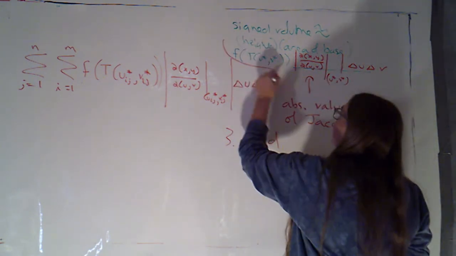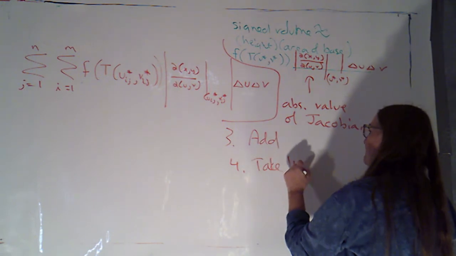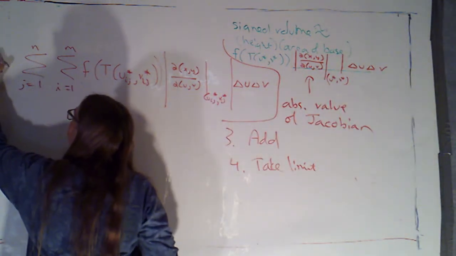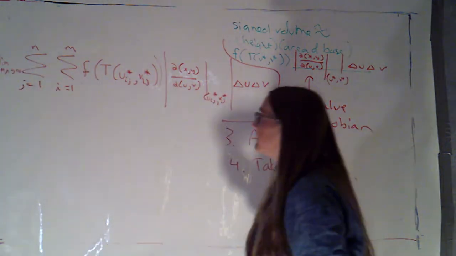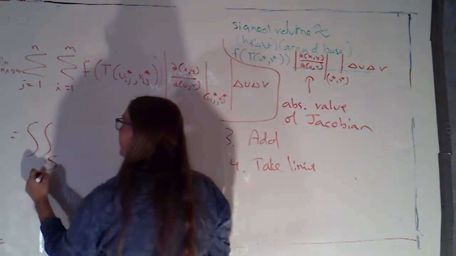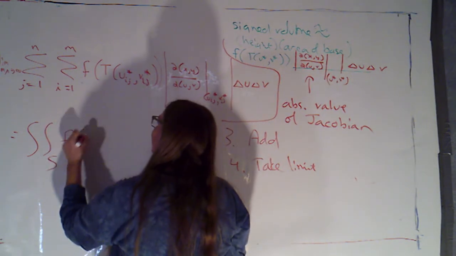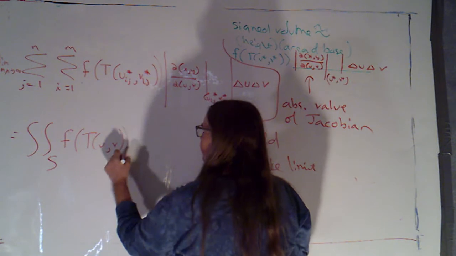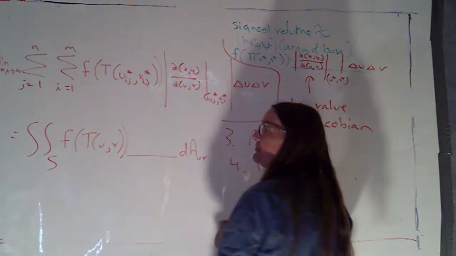But then, when we go to step 4 and we take the limit, so I would have the limit as m and n both go off to infinity. This is going to become the double integral over our nice region S of f of T of uv, scaling factor dA in the uv plane.